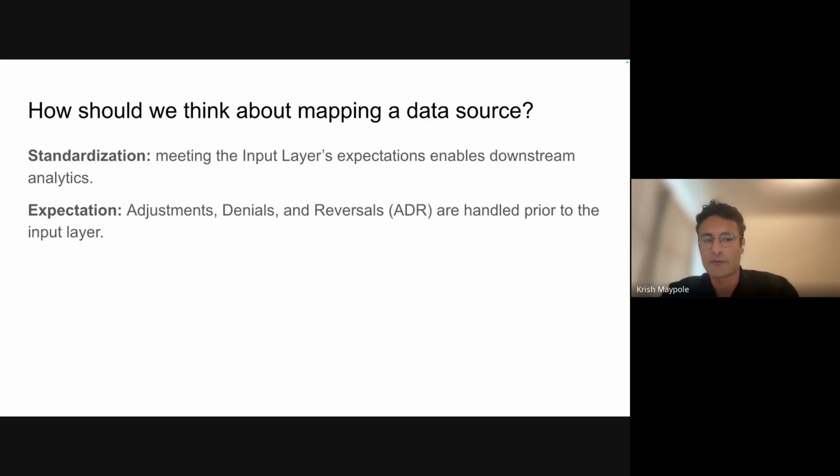I think Coco talked before about the pain of running and writing adjustment, denial, and reversal, or ADR logic in Spark. And I wanted to call out that it's an expectation at the input layer that you've handled adjustments, denials, and reversals for your claims in your specific mapping process, because ADR can look really different across a lot of different claim sources.